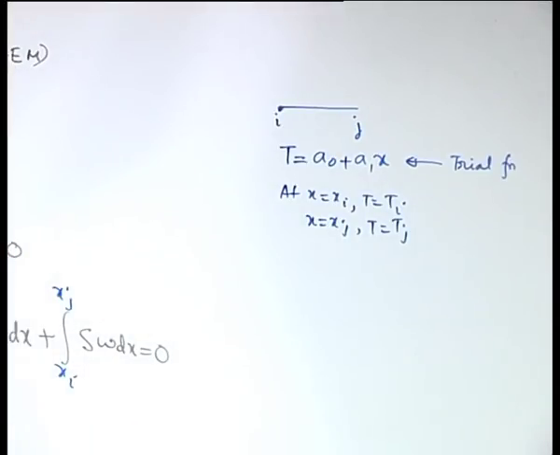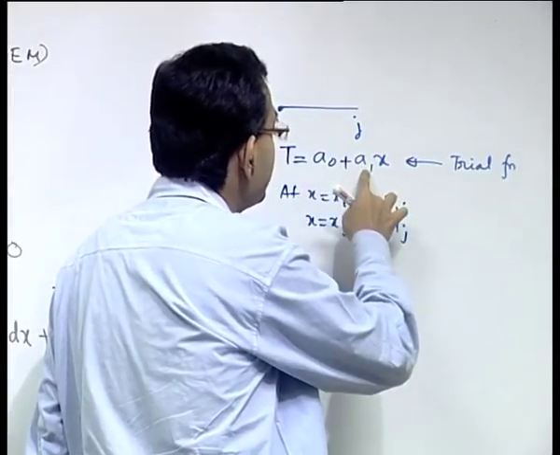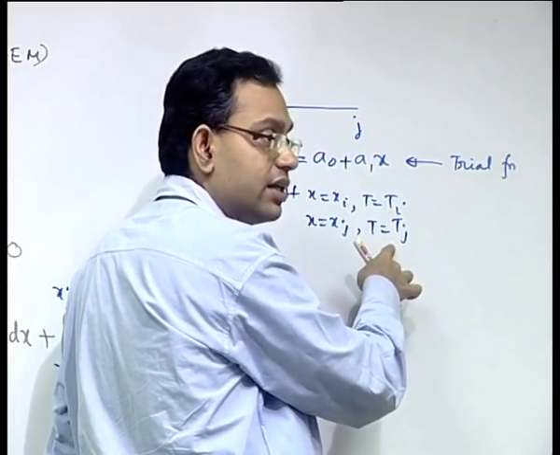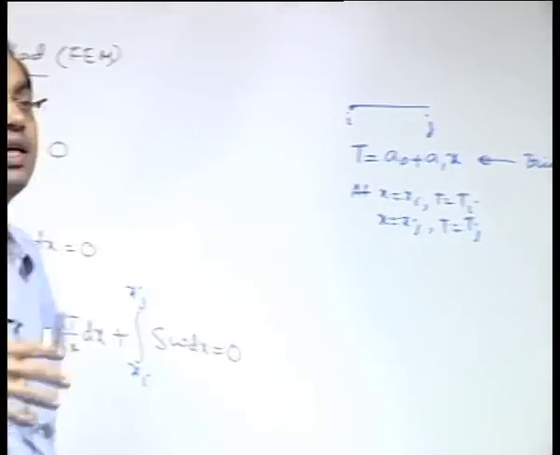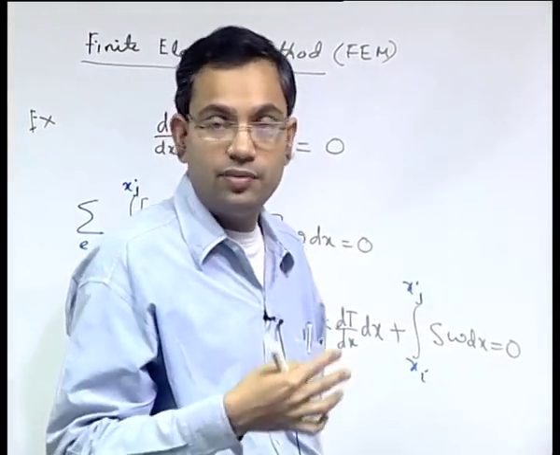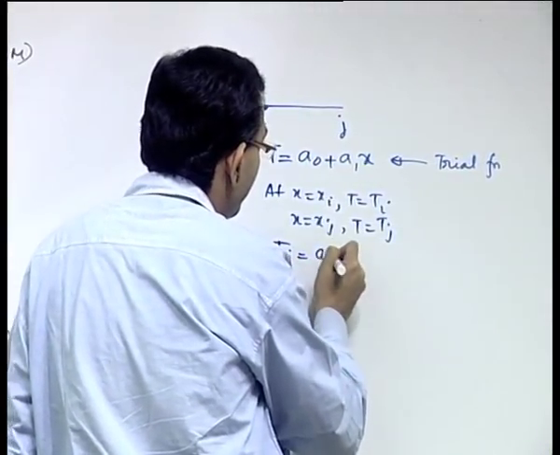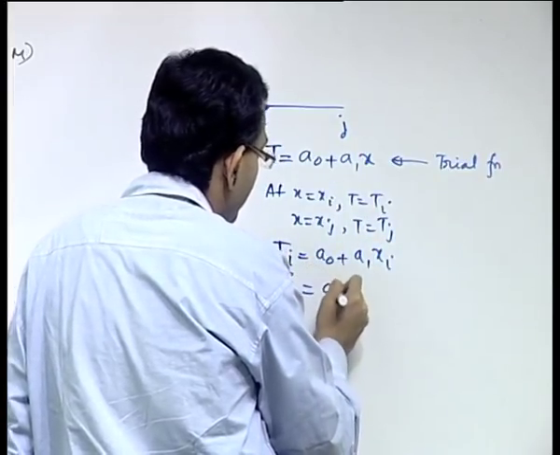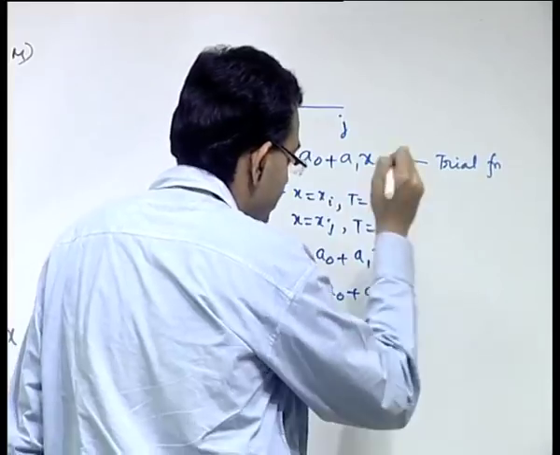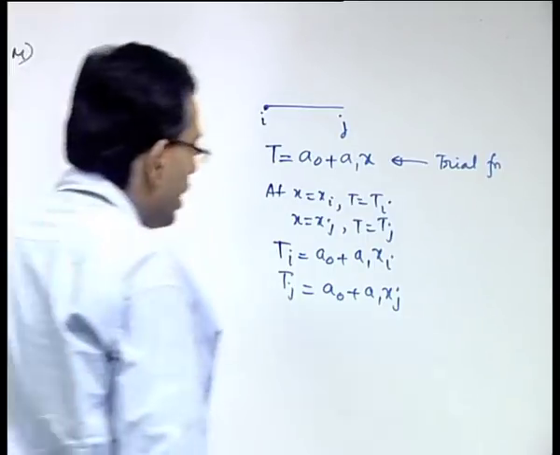It is physically much more interesting and intuitive if we express a0 and a1 in terms of Ti and Tj, because those are the unknowns that you need to solve and those directly relate to the physical variable that you are interested in. So, we can write Ti is equal to a0 plus a1 xi and Tj is equal to a0 plus a1 xj. So, now you can find out a0 and a1.